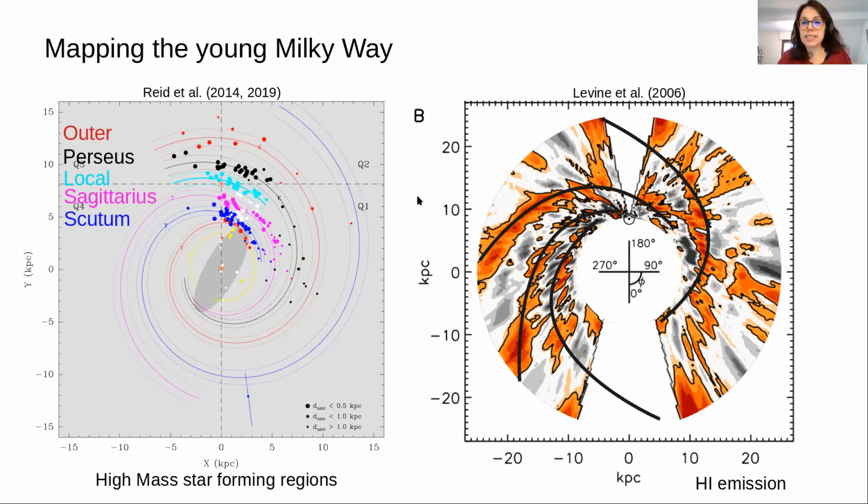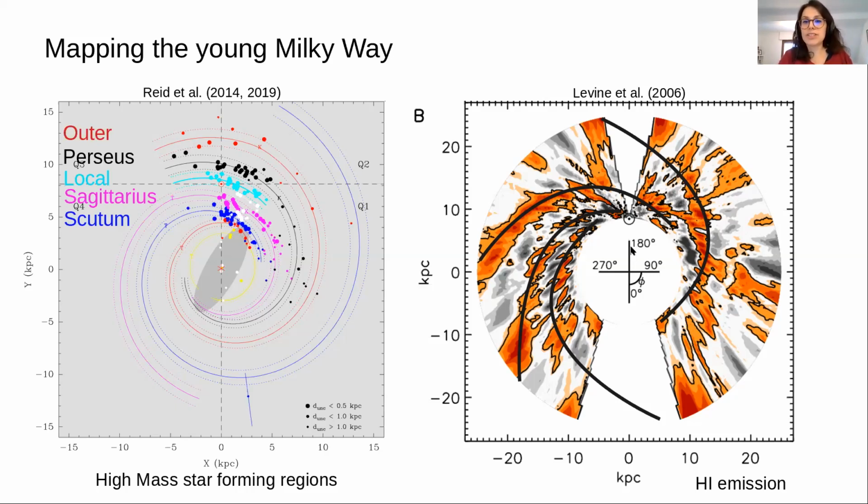And of course, in recent years, new observations of the H I emission were also performed. For example, this is a famous figure from Levine et al. 2006. And again, the maxima of the emission are displayed with the orange color scale.